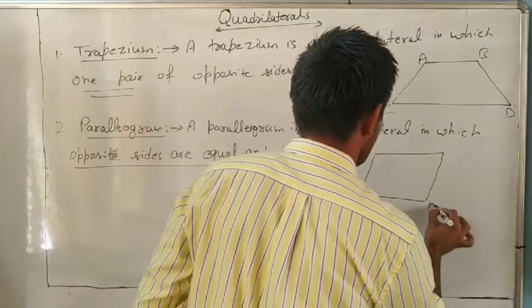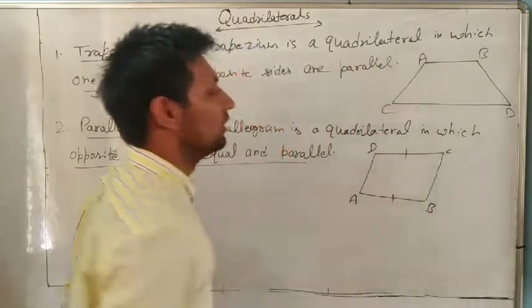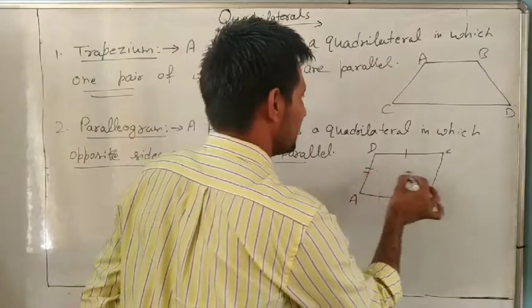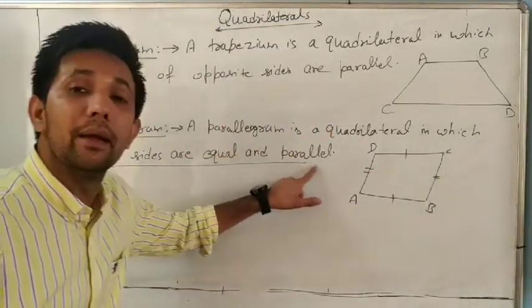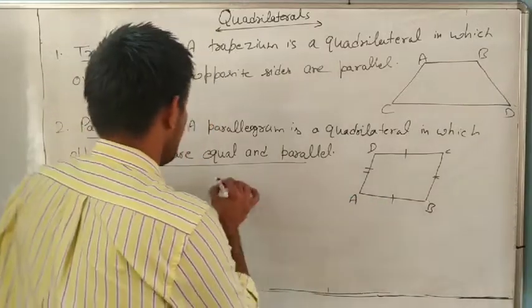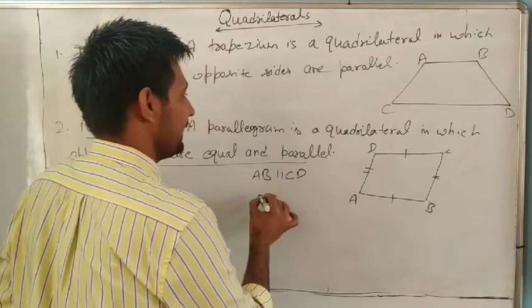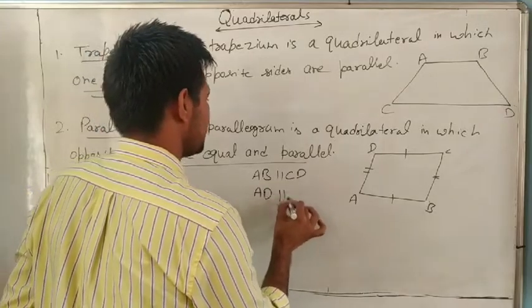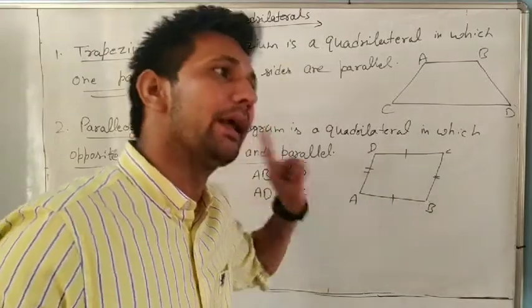A, B, C, D. It means AB equals CD and AD equals BC, and equal and parallel. AB is parallel to CD and AD is parallel to BC. Opposite sides are equal and parallel.